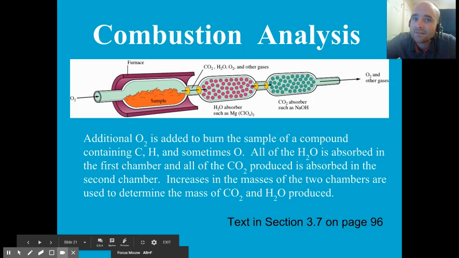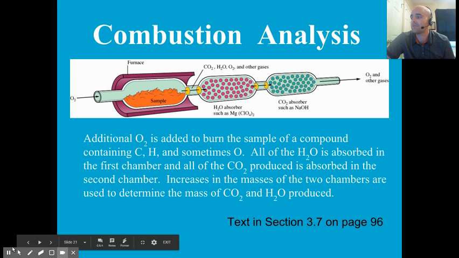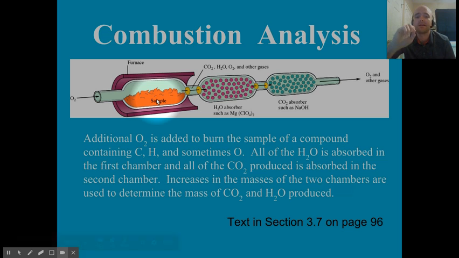Combustion analysis is a real-life way that we can determine the empirical formula, where we will take our hydrocarbon or carbohydrate, a compound that contains CH or sometimes CHO, and we will put it into our sample container right here.